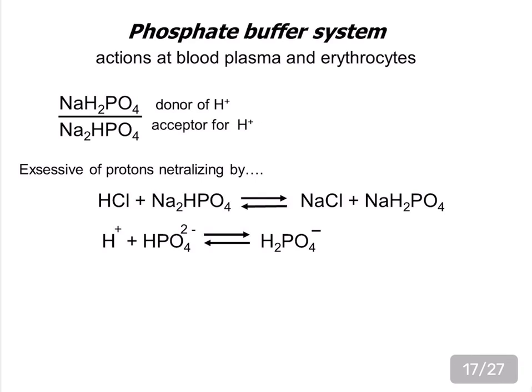The mechanism of action may be represented by a molecular and ionic equation.